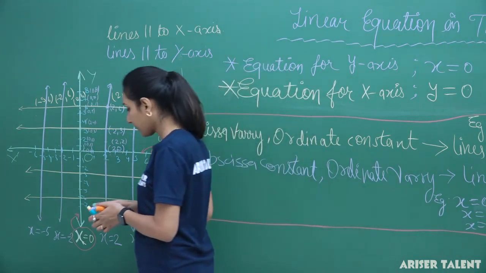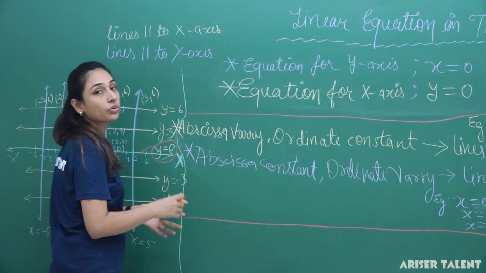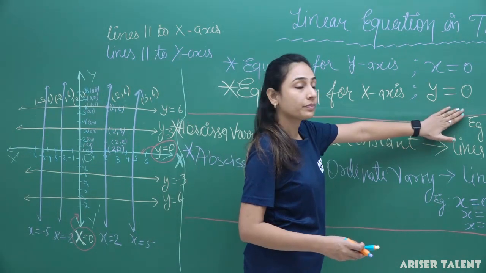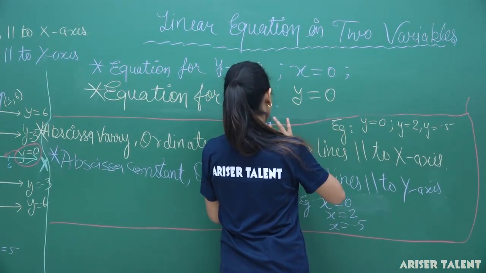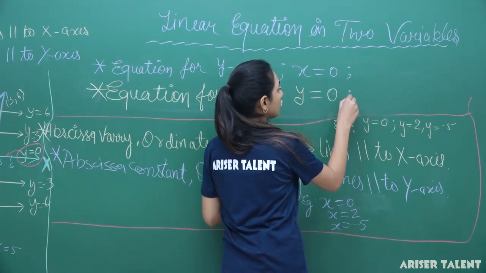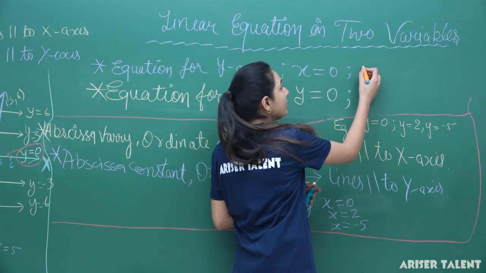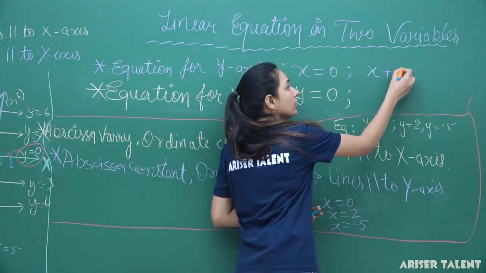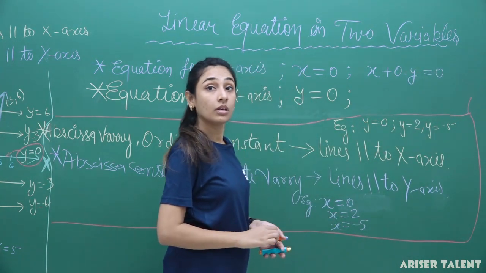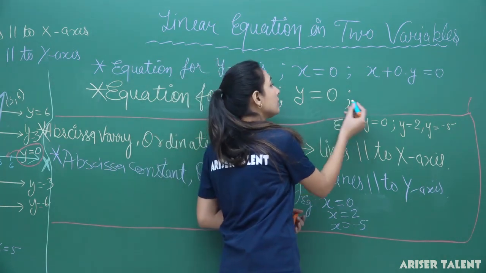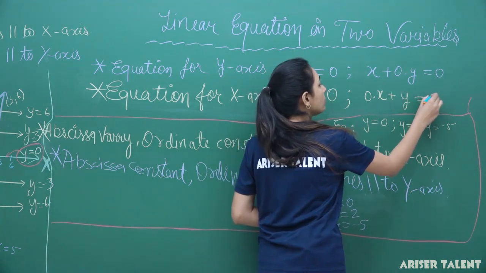Can I write this y equals 0 as x plus 0y equals 0? I can write this. Now this equation can be written as 0 multiplied by x plus y equals 0.